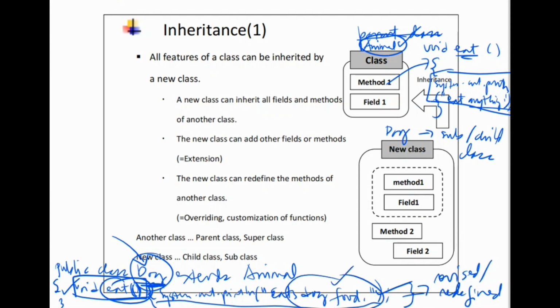Okay, so this is a redefinition of the inherited method. So again, when a child or subclass redefines an inherited method, we call that overriding.